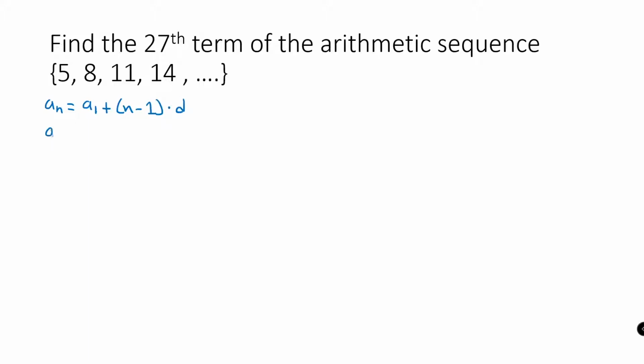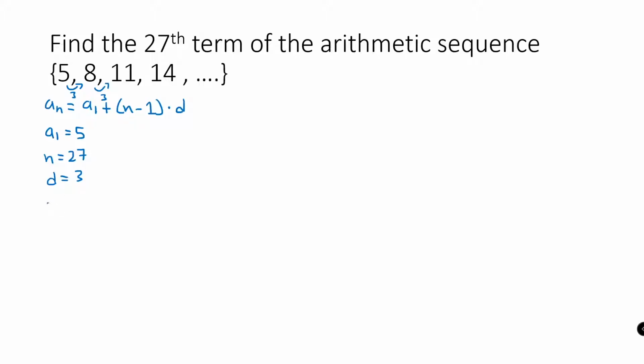So we know a sub 1 is equal to 5. n is equal to 27, which is the term we're trying to find. d, we know that is 3, because the difference between 5 and 8 is 3, and 8 and 11 is also 3. So we know that d is equal to 3.